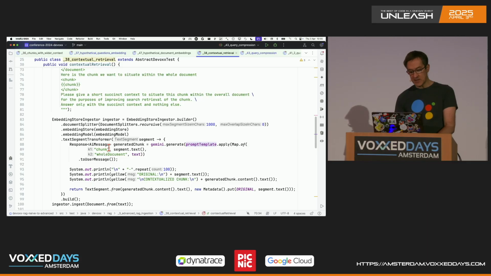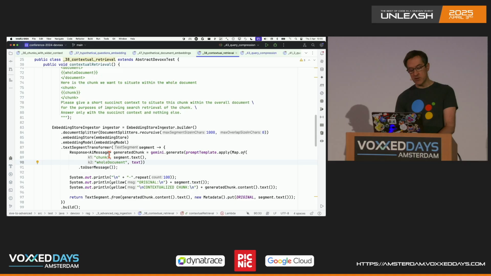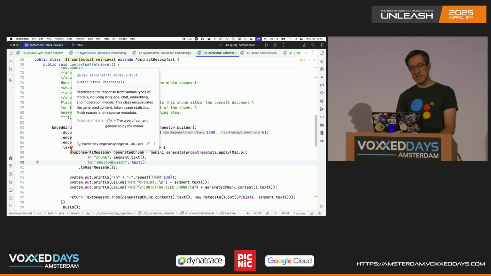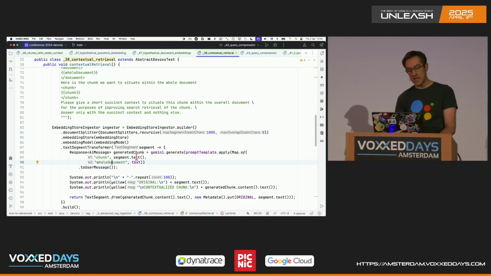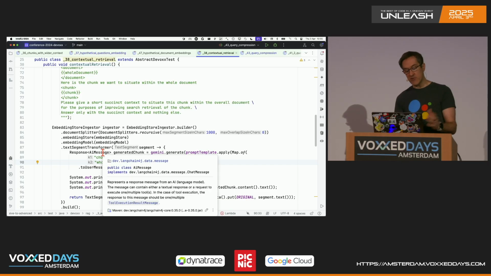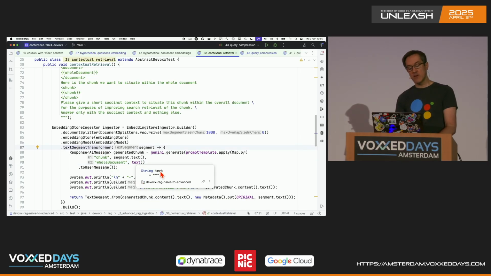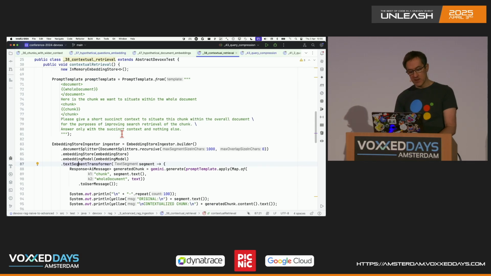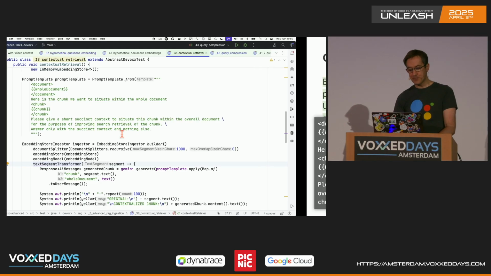I'm passing the chunks and the whole document each time. I'm actually transforming the text segment. So I don't just take the original paragraph chunk, but instead I'm transforming the chunk to get the answer from the LLM. So I'm calculating the vector embedding with what was generated by the LLM.